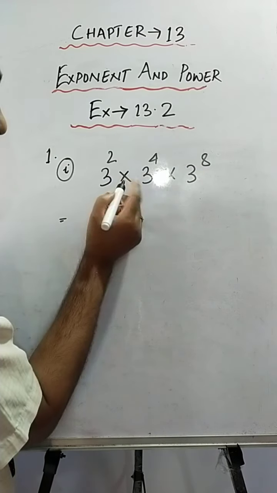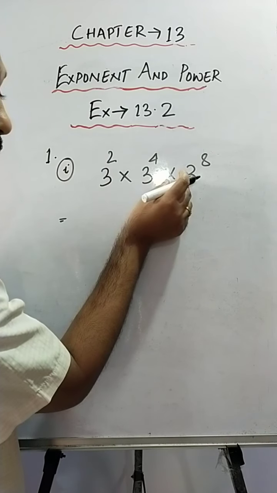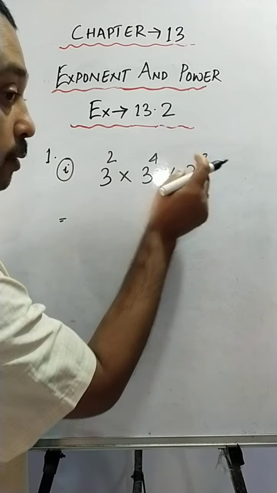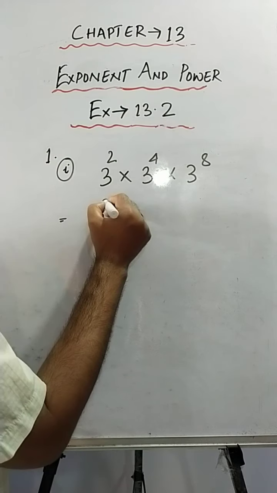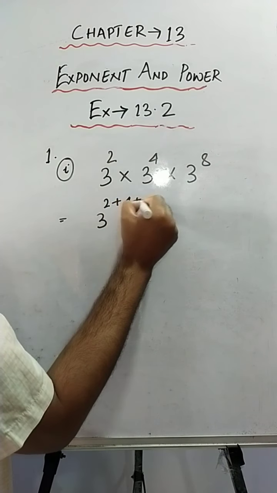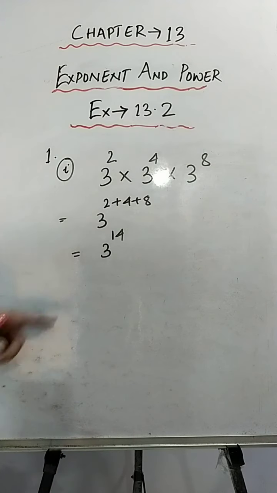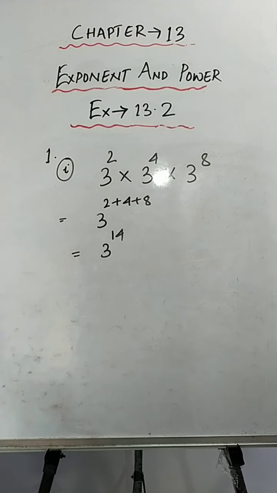And what is the sign given in between the exponential forms? Multiplication. So when the base is the same in case of multiplication, what do we do with the powers? We add the powers. So we'll write the base, 2 plus 4 plus 8. That means the answer would be 3 to the power 14. And you have to keep your answer in the exponential form only. I hope you have understood.